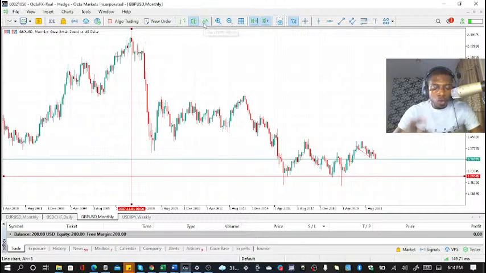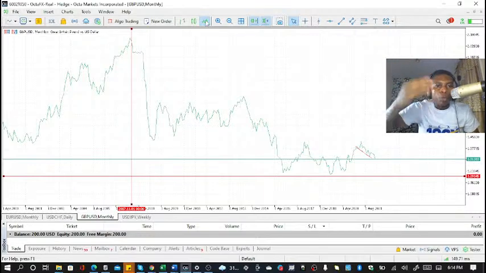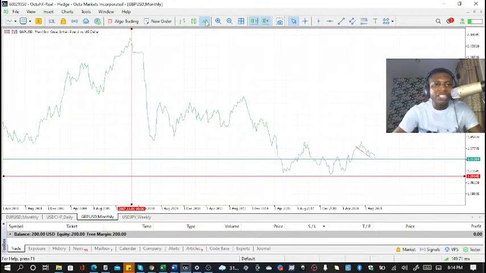To get the actual levels, to actually put in your trend lines, I convert to the line chart, because the line chart tells me exactly where the market closes. On the candlestick chart you might have some wicks, some rejection candles.